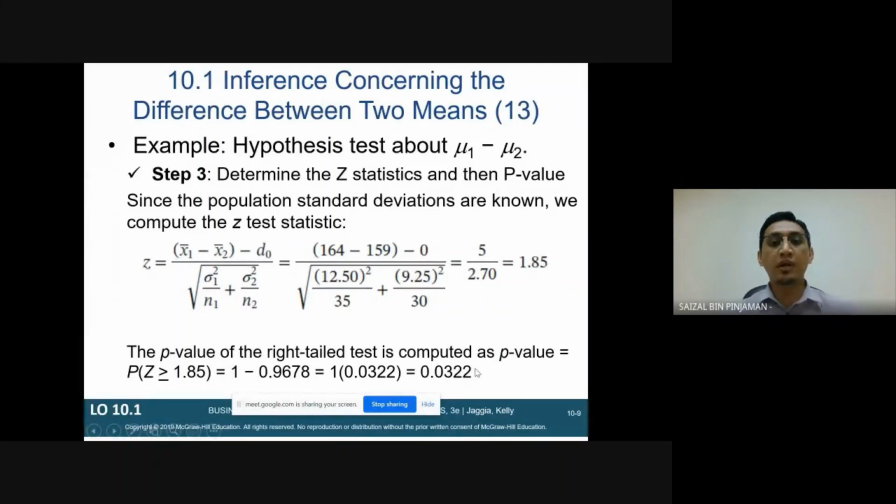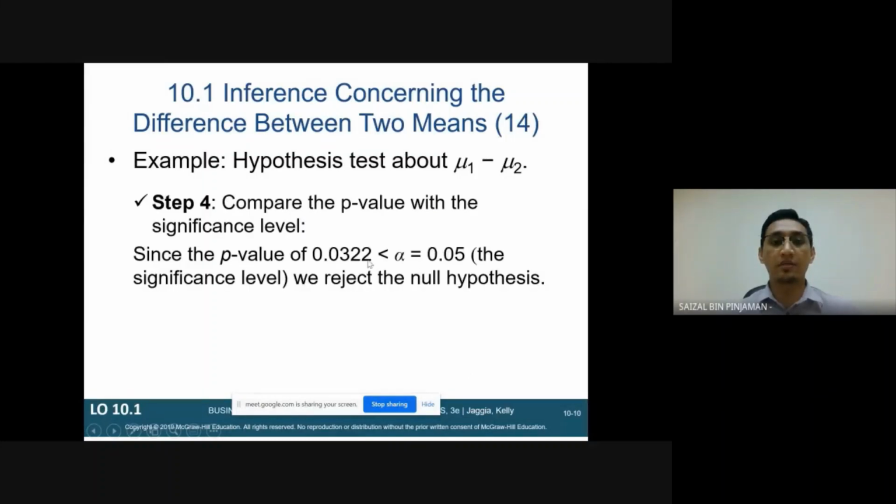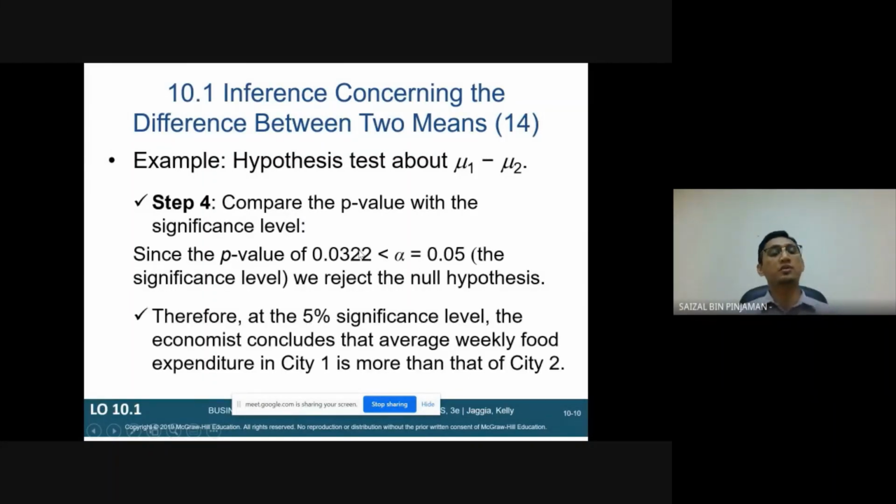Once you obtain the p-value, we are going to compare it with the significance level. Since the significance level in this case is 5%, while our p-value is 3%, we can say that p-value is smaller than the significance level. 3% is smaller than 5%, thus we reject the null hypothesis. Remember, we reject the null hypothesis when p-value is smaller than the significance level.